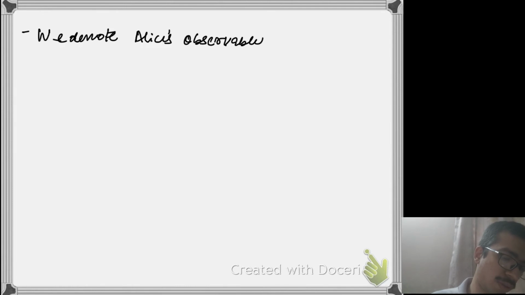Okay, so we denote Alice's observables by A_S^J1, A_S^J2, A_S^J3.